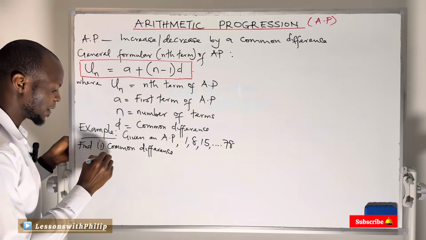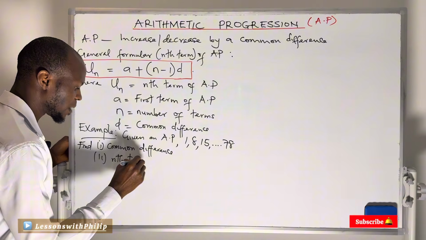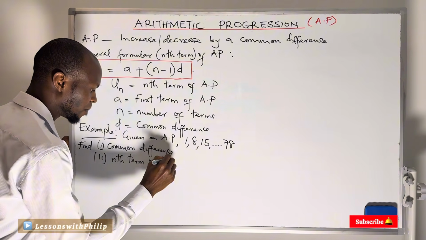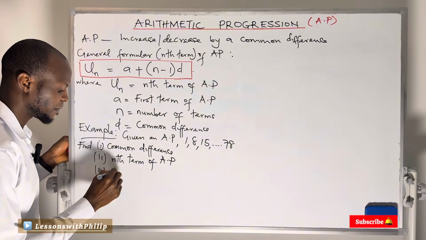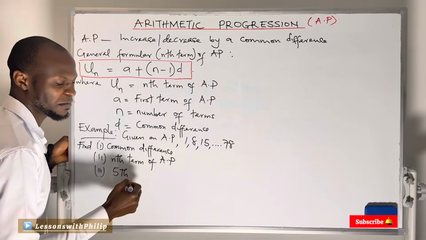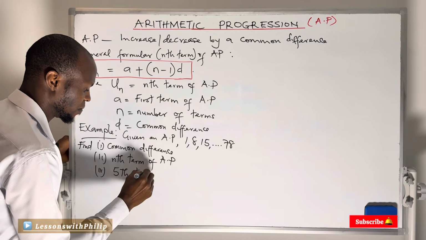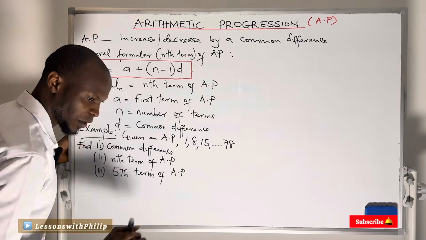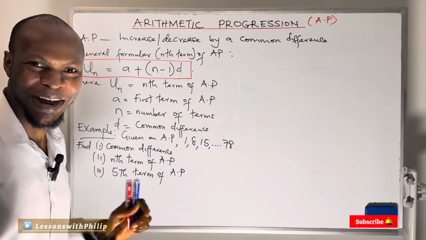Let's say I'm asked to find the nth term formula of the sequence. Now let's say I'm asked to find the fifth term of the AP. AP is very, very simple.